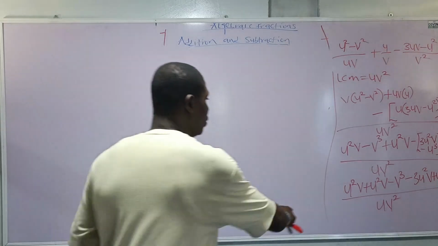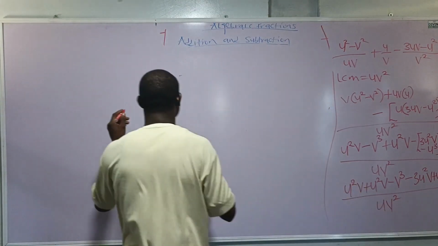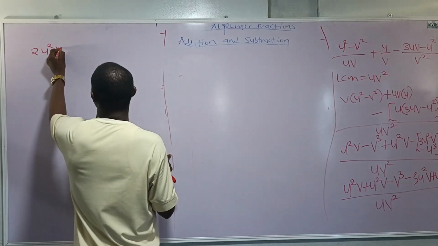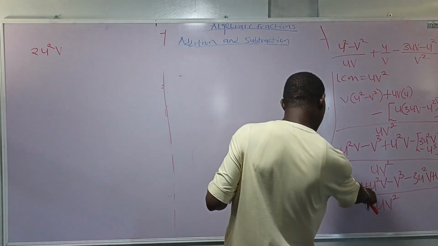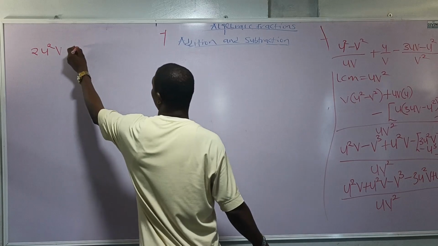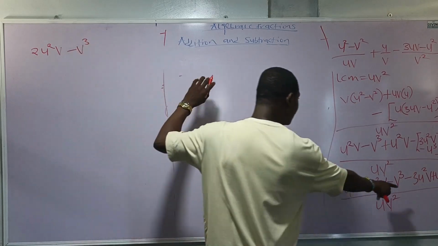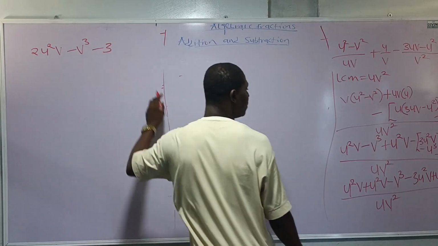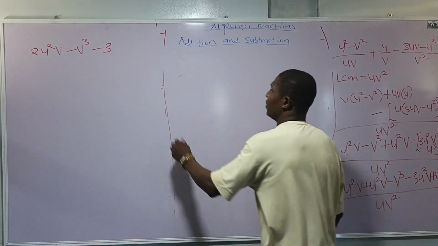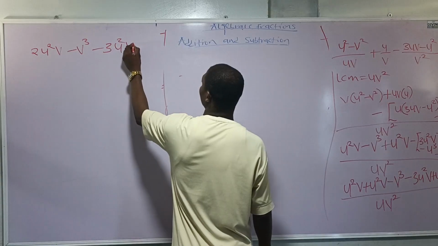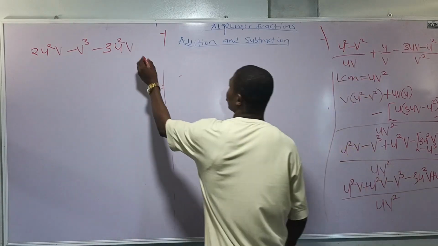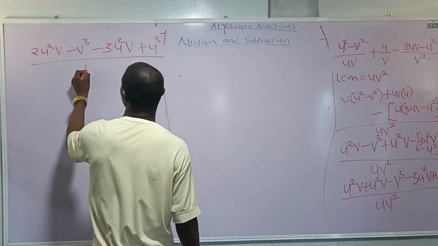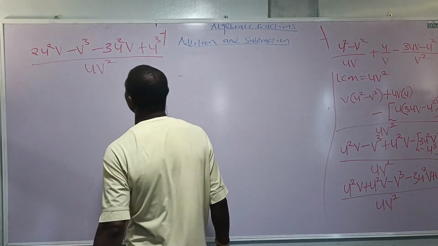So, u square v plus u square v will give you certainly 2u square v. And I have minus v cube, minus 3u square v, plus u cube all over my LCM uv square.